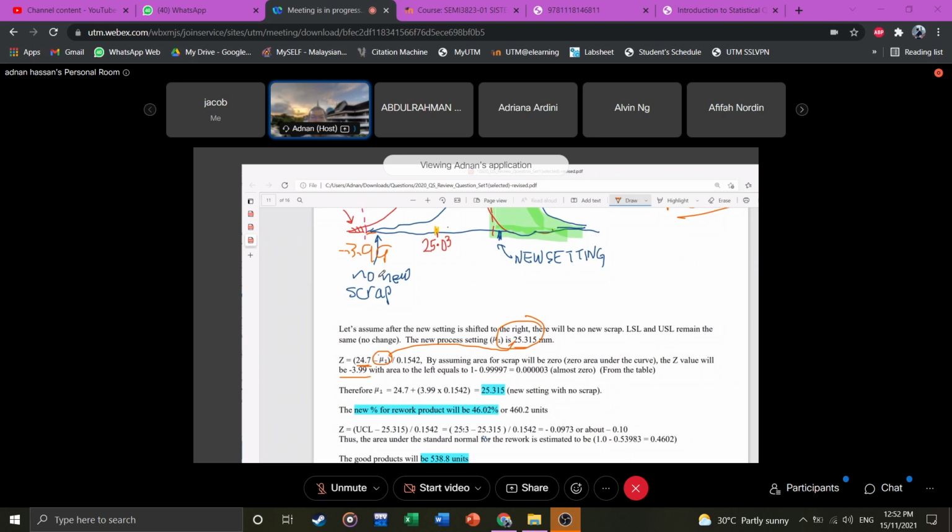Basically, if you have this curve, at this point, after that there is almost nothing outside. So this is minus 3.99, this is plus 3.99.